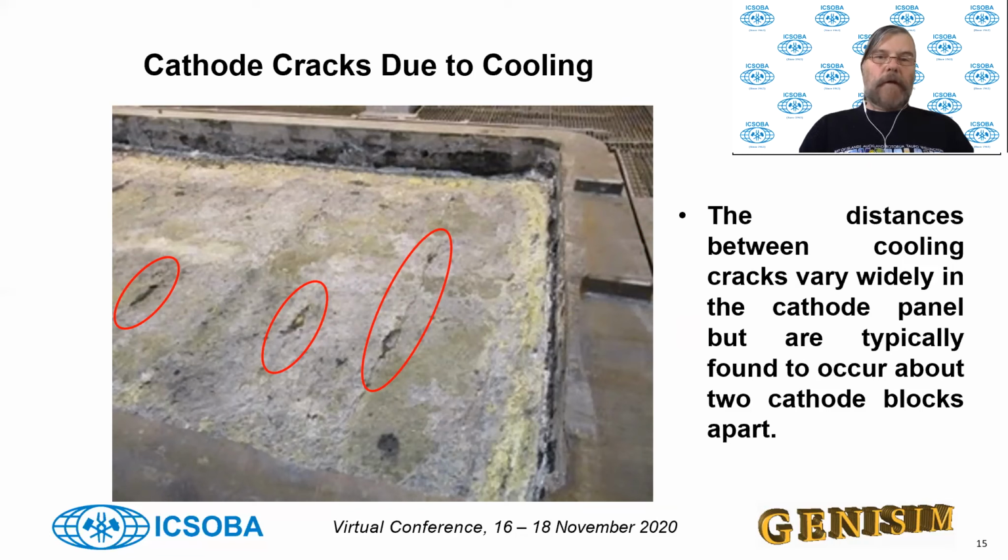There are some cracks after the first block in the joint, and after this maybe in or close to the second joint, and then 2 blocks later, another crack. They are always oriented toward the direction of the cathode block. In this case, we can see they are following the joint between blocks.